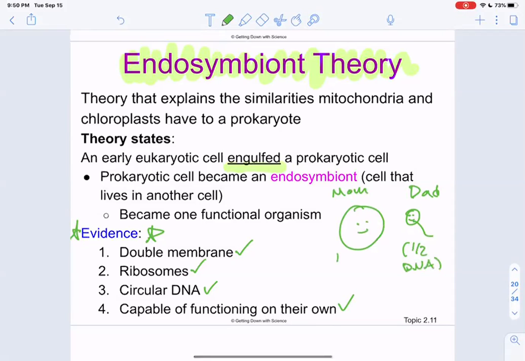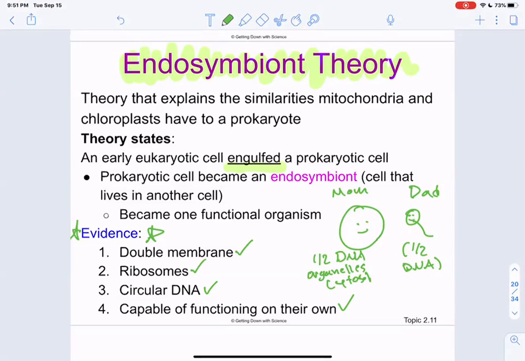So does your mom, she brings half the DNA. And then they eventually combine to create you. But she also brings the organelles and the cytosol. One organelle that she brings is mitochondria, an energy-producing organelle.